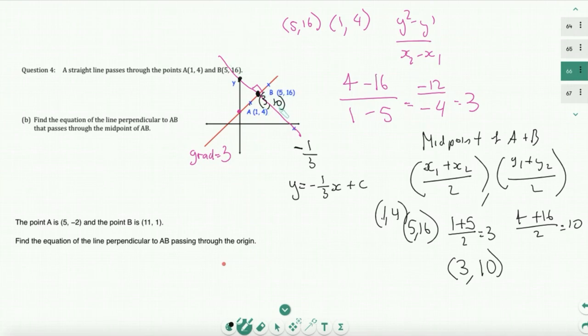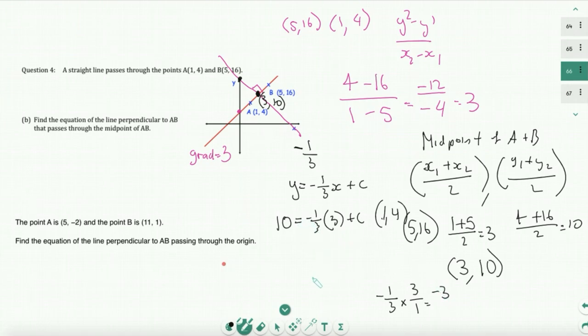Now, since the pink line crosses through (3, 10), we can plug (3, 10) into our equation. So y is 10 equals negative 1/3 times x is 3 plus c. Negative 1/3 times 3, we'll do it on the side. 1/3 times 3, well, it's going to be 3 over 1. Negative 1 times 3 is negative 3.